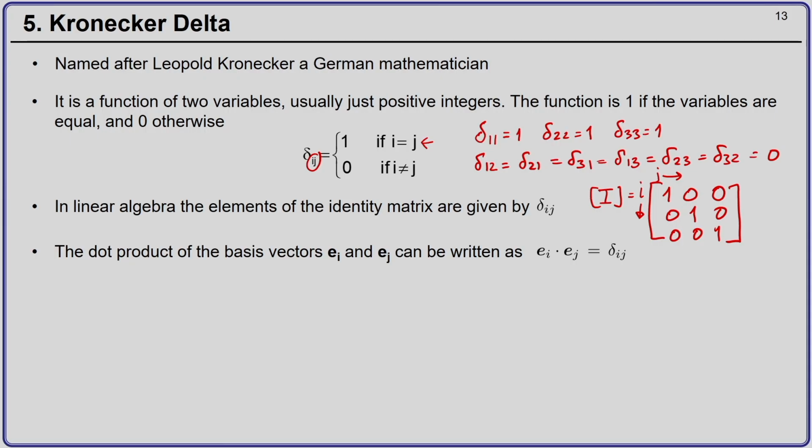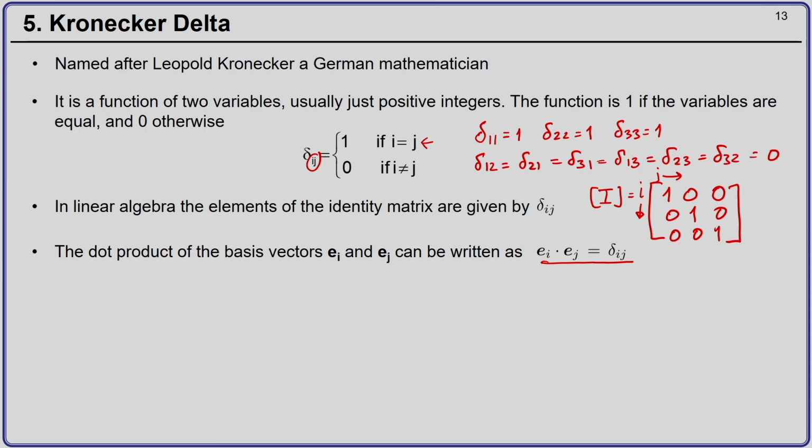Also, the dot product of any two basis vectors ei and ej, where they can be e1, e2, e3, will be nothing but delta ij in a Cartesian coordinate system. So, if you take i equal to j equal to, say, 1, then e1 dot e1 will be nothing but 1.